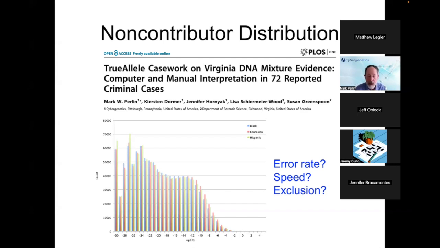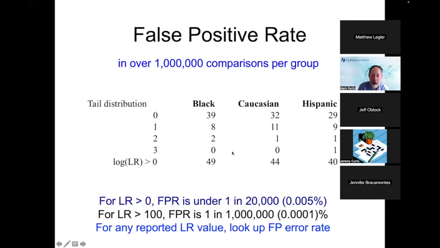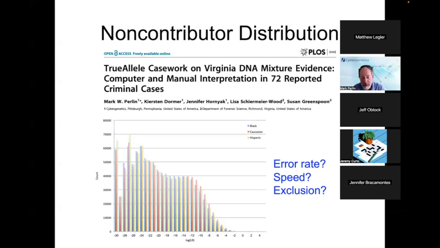And the next slide shows a picture that's in the paper. Here, in over 1 million comparisons per ethnic group, we could look at the tail distribution. And so these are the log units 0, 1, 2, 3. If you back up, Matt, we can look at that right tail.